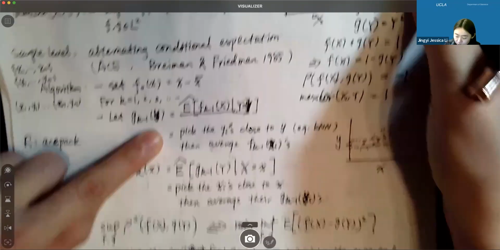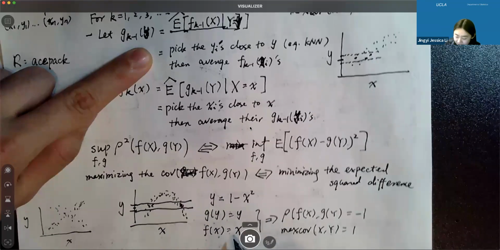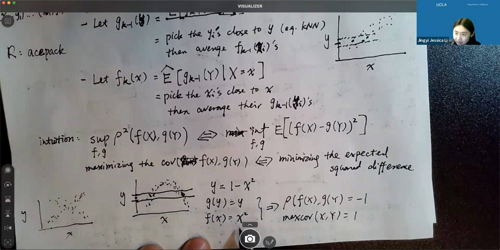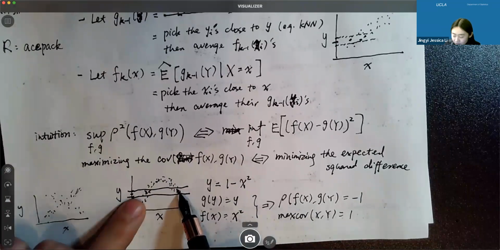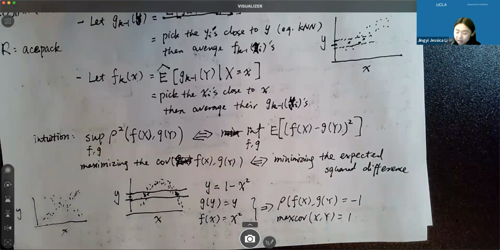I'm going to take these points, apply the transformation of x, and then do the average. But now you can see the transformation on x is quadratic, so the average will give me something still close to y. So that doesn't matter. I hope that makes sense. Even though the x are scattered, after the previous transformation, they may become unified.